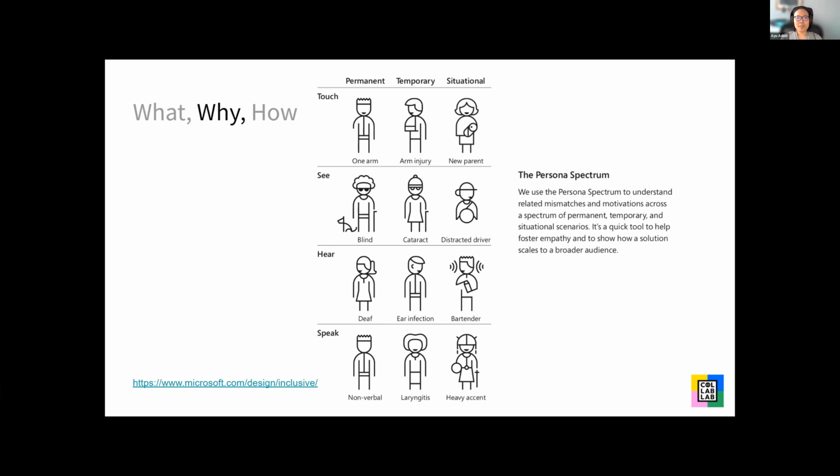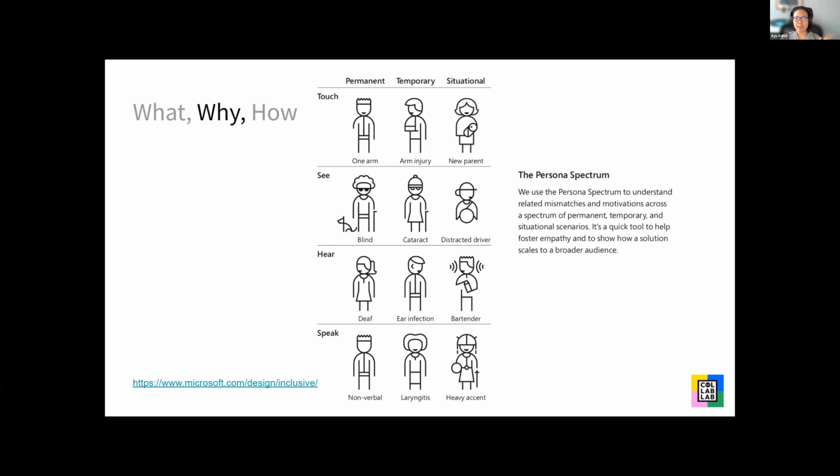Also in visual, or see, there are blind people or people with cataracts or a distracted driver. So for example, if you're riding in your car and using the navigation, you cannot pay attention to the street and the map altogether.